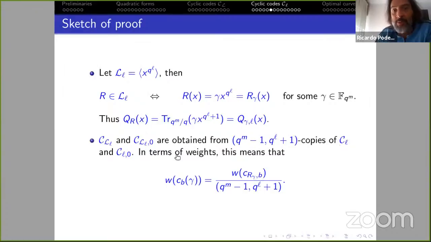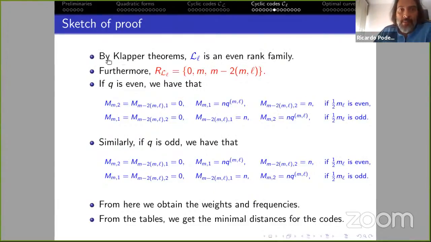In terms of weights, this means we have this relation between the weights of one code and the other. So by Carlitz's theorem, recall that all these quadratic forms have even rank, and furthermore, these are all the possible ranks: 0, m, and m minus 2 times the greatest common divisor of m and L.